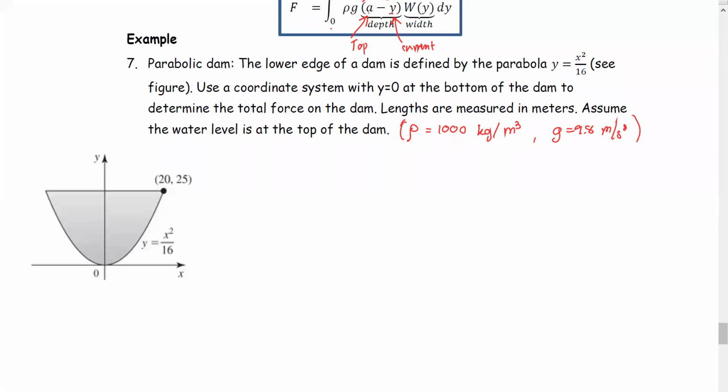The parabola is y equals x squared over 16, and the y-axis goes across the middle of the dam, to make it symmetric.